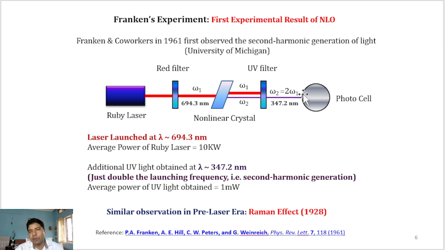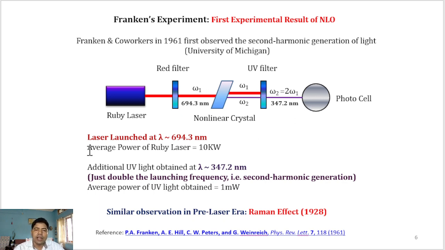In terms of wavelength, the 694 nanometer wavelength is found to be at half wavelength, which is produced by this nonlinear crystal. Then in the photocell it has been captured, because we cannot see the UV light, only a photocell can detect it, and it was detected as half of the wavelength, meaning double the frequency.